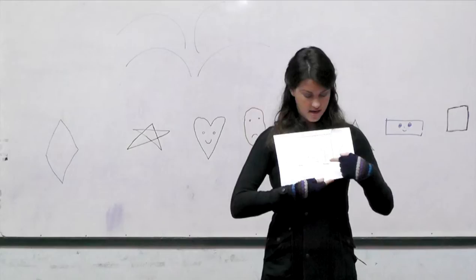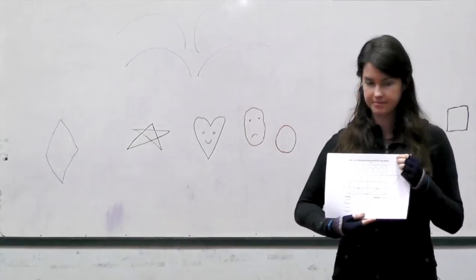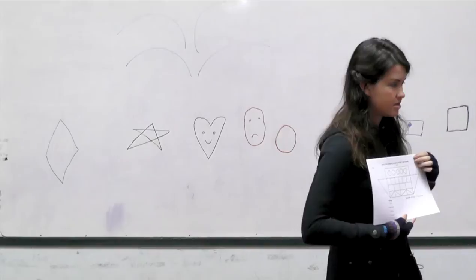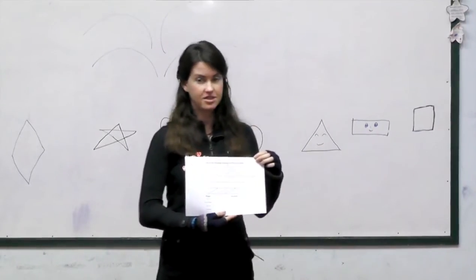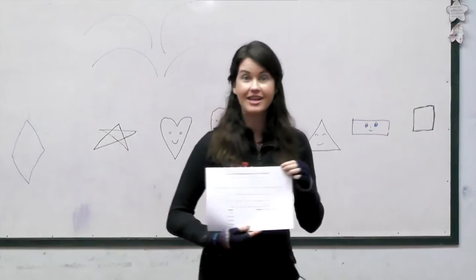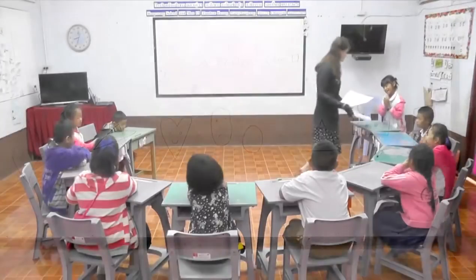So what are some of the shapes you see in this picture? Circles, rectangles, squares, and triangles. Very nice, friends.